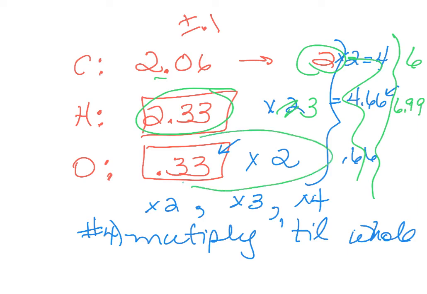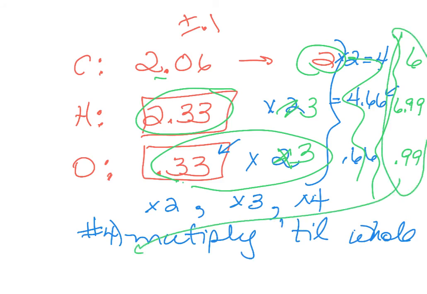And same thing with oxygen. If I multiply 3 times 0.33, I get 0.99. So in this situation, the empirical formula would then be C6H7O1. And as always, if you have just one of something, you can leave out the subscript, okay?